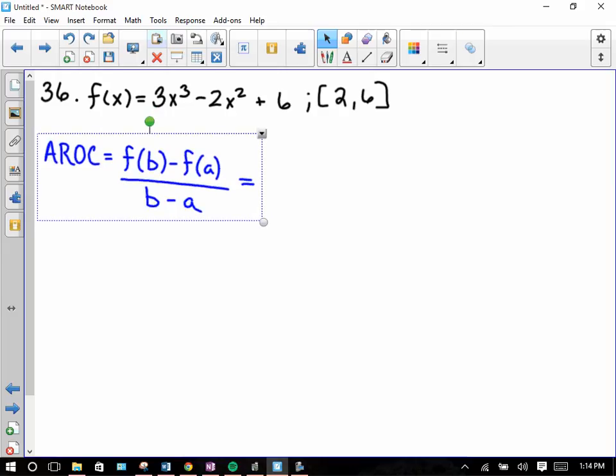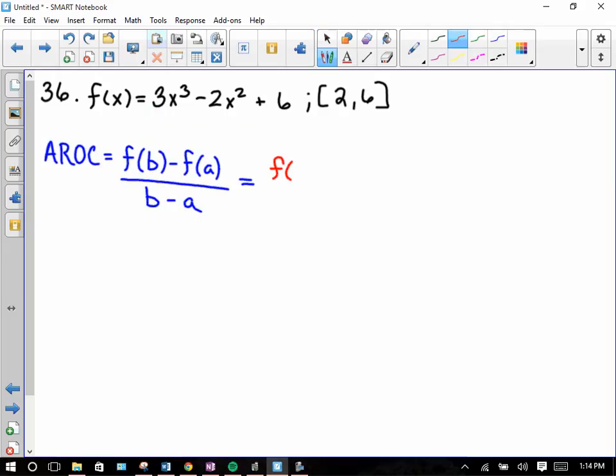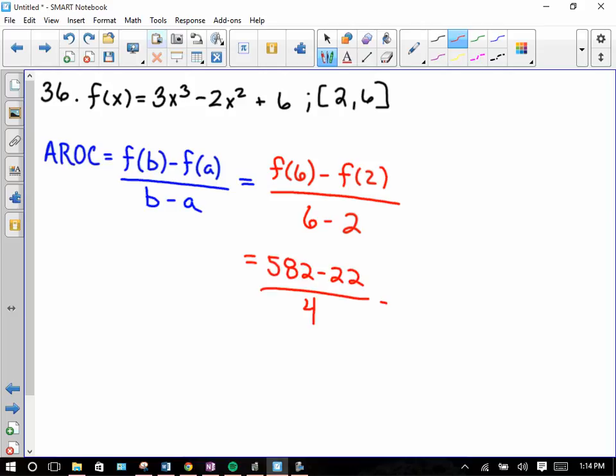Okay, so we have f of b, which is going to be, in this case, f of 6 minus f of 2 divided by 6 minus 2. That's equal to 582 minus 22 divided by 4, which is going to be equal to 560 divided by 4, equal to 140.